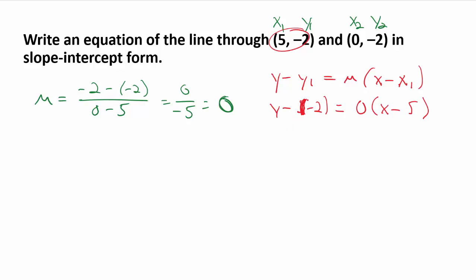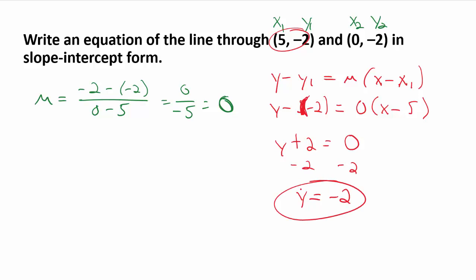So y minus negative 2 is going to be y plus 2. 0 times anything is 0, so that's just going to be 0 over there. Subtract 2 from both sides. Remember, since it's a horizontal line, it's going to be y equals negative 2. That's our final answer.